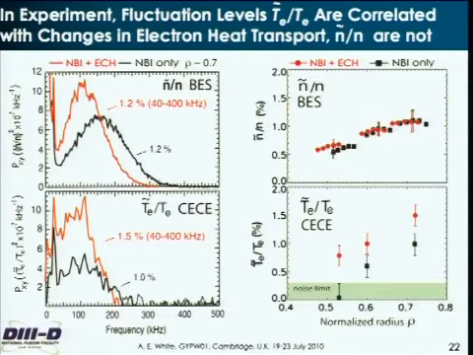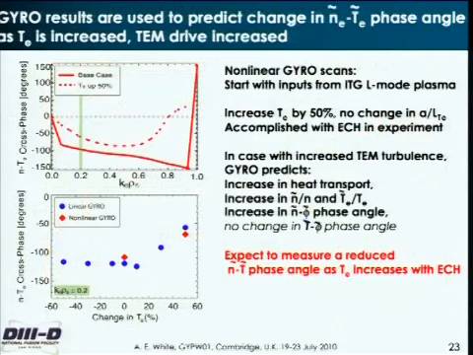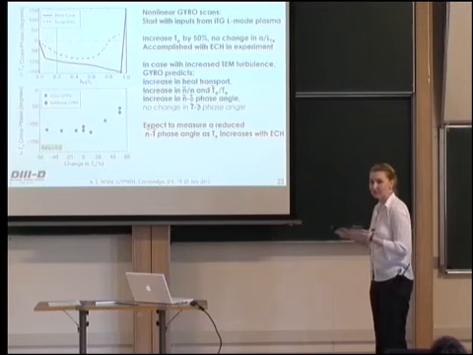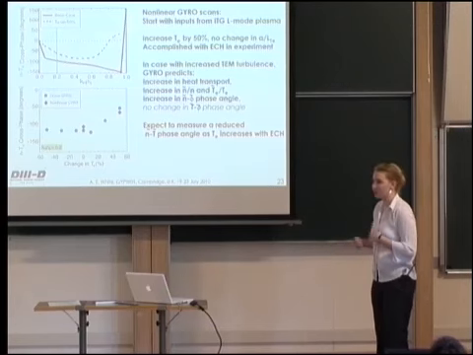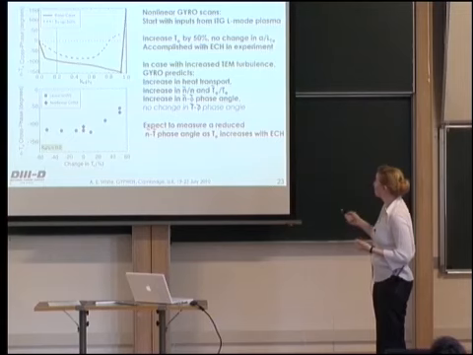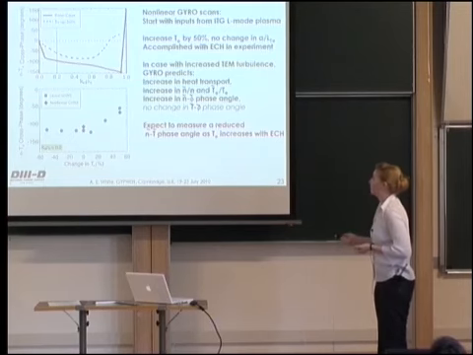Okay, right. So this was the change in the two fluctuating fields, and we want to look now at what GYRO is also telling us should be happening to the change in the phase angle. We used GYRO to predict what change in the nT phase angle we should expect as electron temperature is increased, by changing the inputs to GYRO the same way we change them with ECH in the experiment.